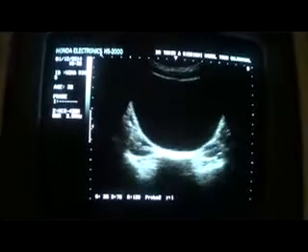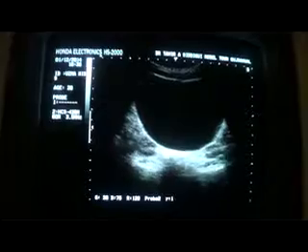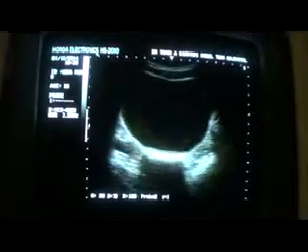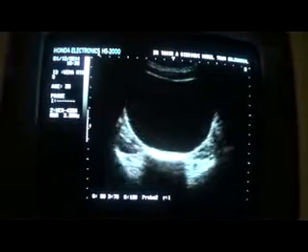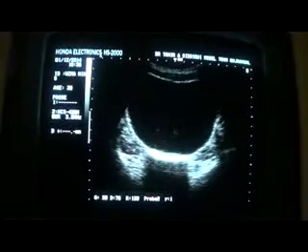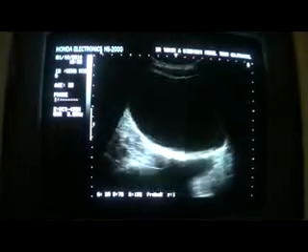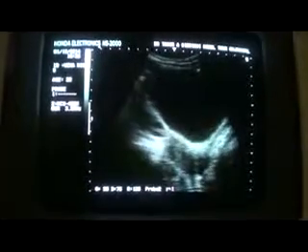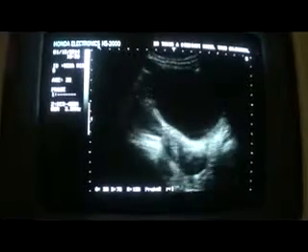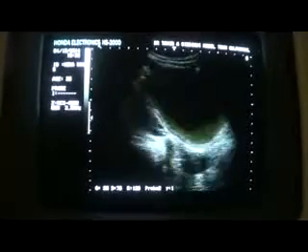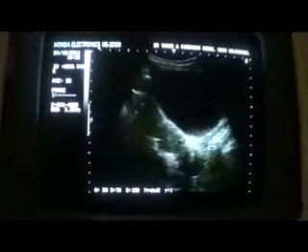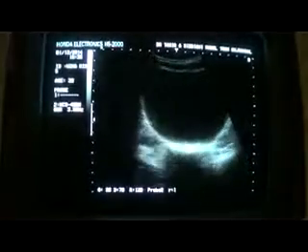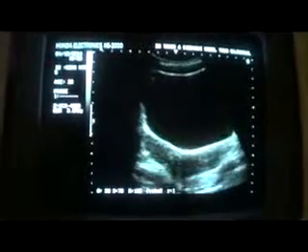Now in this view we can see both ovaries together. Here, this is the right one, this is the left. Now, this is the uterus. This is the transverse section of the uterus.